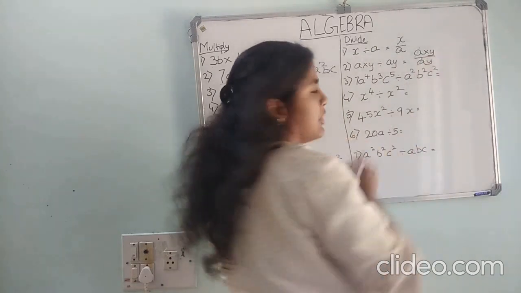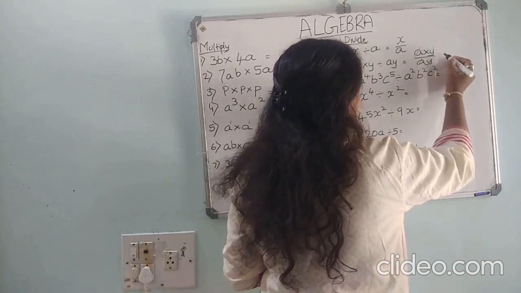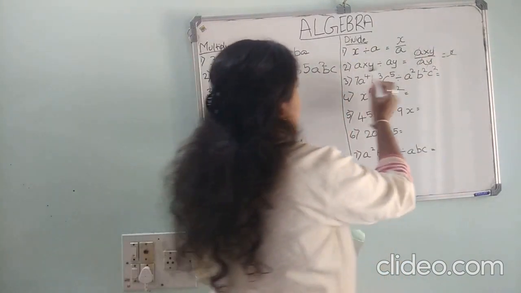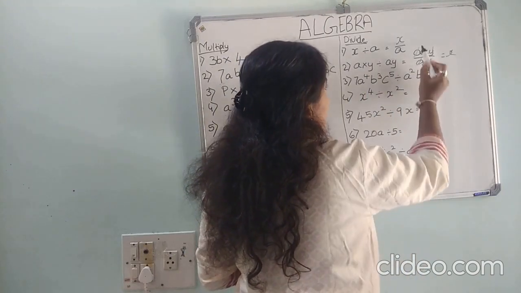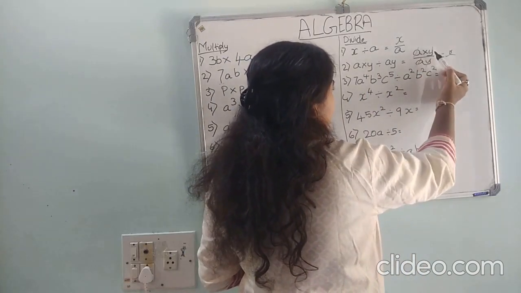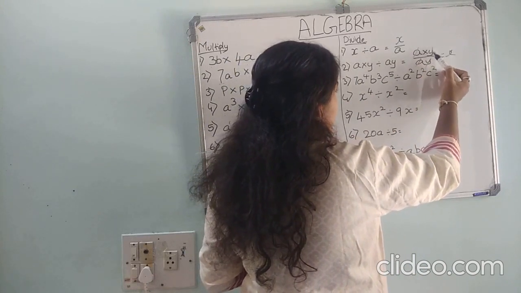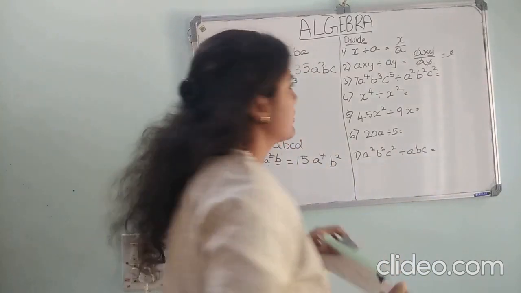A I will cancel over here, Y I will cancel here. Only the remaining thing is X. In the numerator and denominator I am cancelling A and Y, and only X remains.